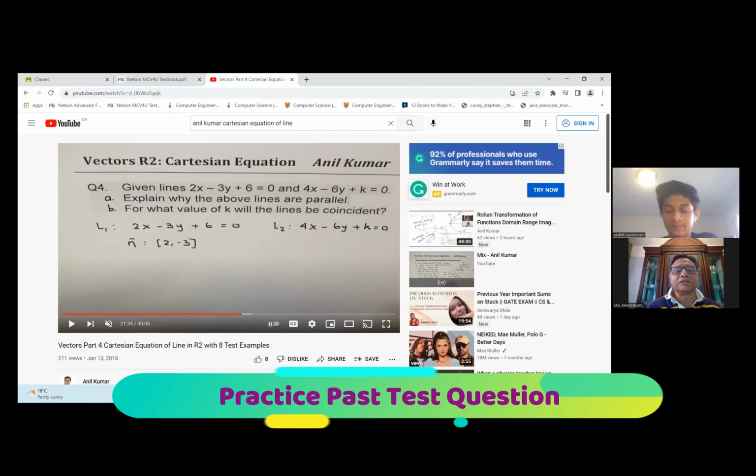When you multiply by 2, 2x minus 3y plus 6 becomes 4x minus 6y plus 12. So k has to be 12, right? Yes. So they are parallel, and you could equate any points; c could be a good one. Next question.